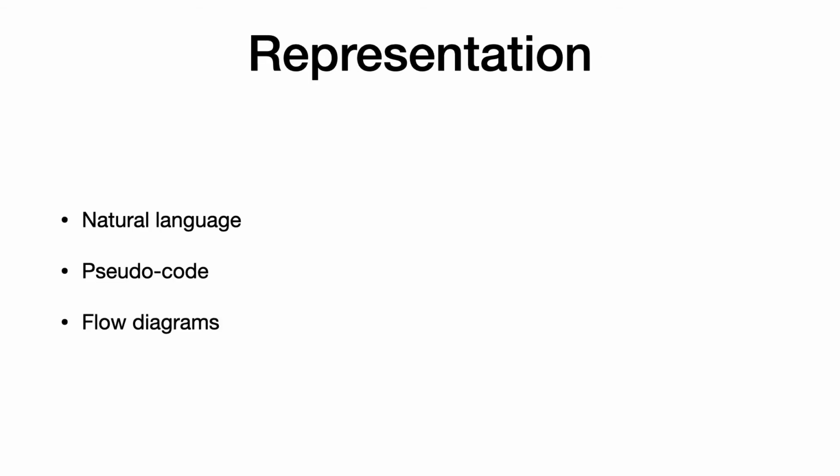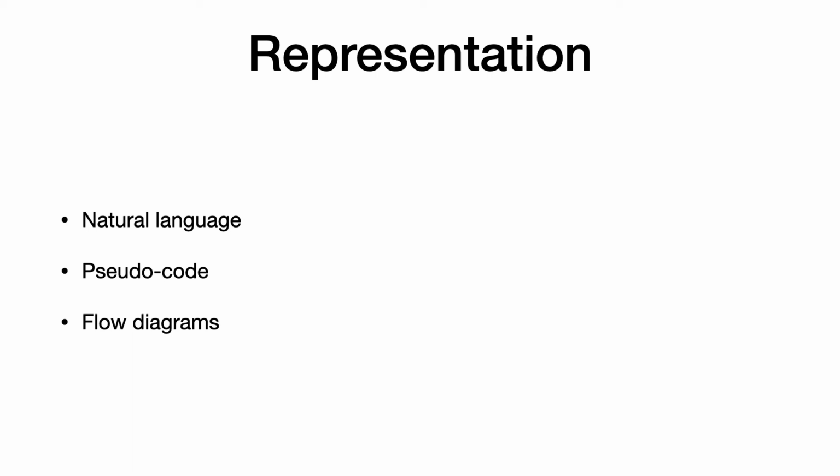We can represent the algorithm in three basic ways. We can use natural language, which is the same way that we speak. So we write an algorithm the same way that we speak. We will see some examples. We can use pseudo-code, which is similar to a programming language, but is not as formal as a programming language.